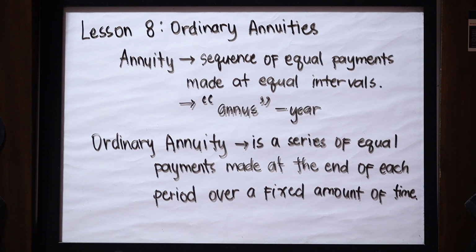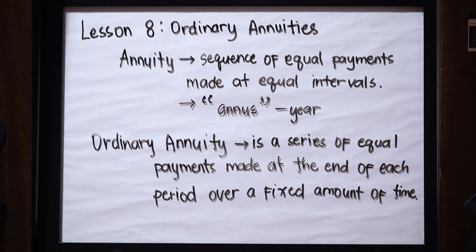We will leave the other kinds of annuities to the ABM students. You will probably encounter them in college if you take accountancy or anything related to business. But since this is General Math, we will only discuss the ordinary annuity.